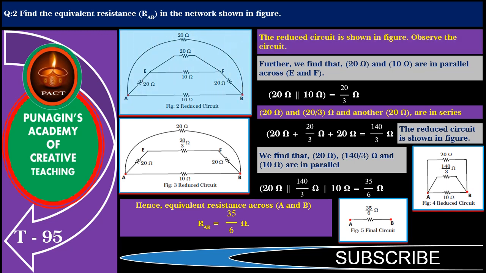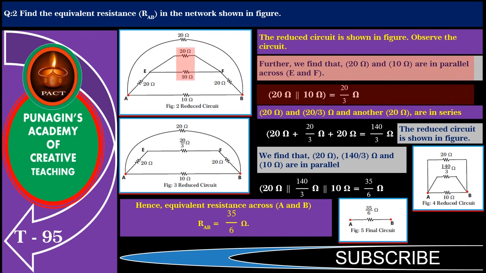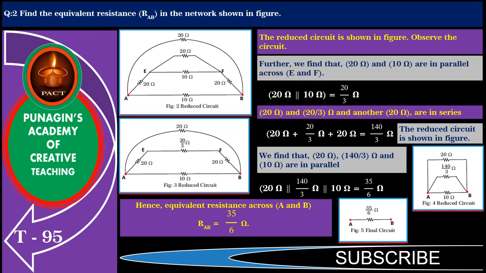Observe the circuit. We find that 20 ohm and 10 ohm are in parallel across E and F and their equivalent is 20 divided by 3 ohm. Now we find that 20 ohm and 20 divided by 3 ohm and another 20 ohm are in series and their equivalent is 140 divided by 3 ohm as shown in figure.